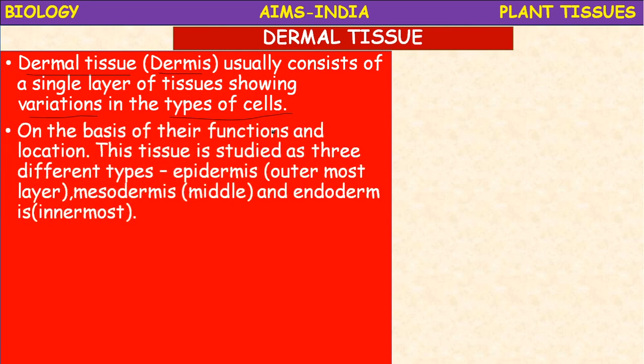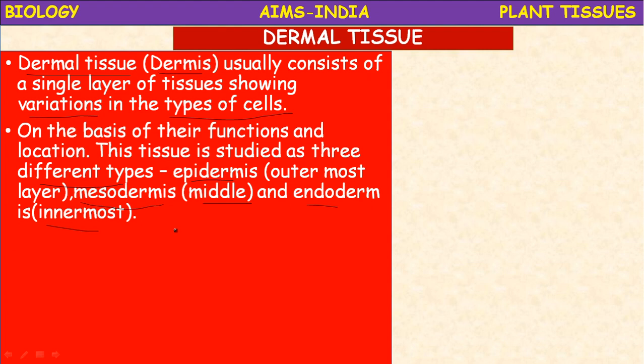On the basis of their functions and location, this tissue is studied as 3 different types. They are epidermis, which is the outermost layer, then mesodermis, the middle layer, and the endodermis, the innermost layer.